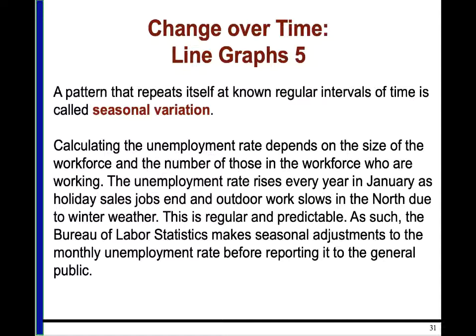You have some jobs like lifeguards that tend to only work in the summer, and you have other types of jobs like shipping that tends to pick up in the winter months. So that seasonal variation is considered when looking at the unemployment rate because we have this regular and predictable unemployment that's happening simply because of the seasons. So when you get data from the Bureau of Labor Statistics, just know that those adjustments have been made before they report to the general public.